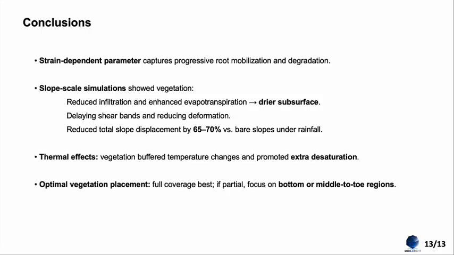But when it is not possible to have a full cover of vegetation for the slopes, I think the best position is the bottom or middle to toe of the slopes to reach the maximum effect of the vegetation.